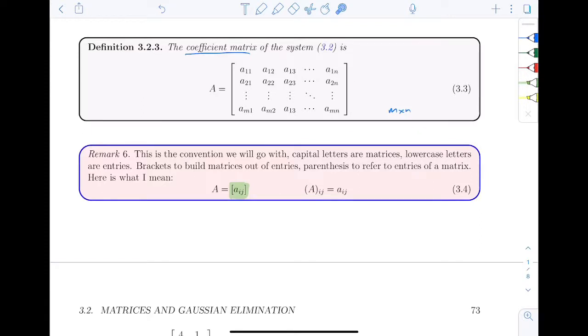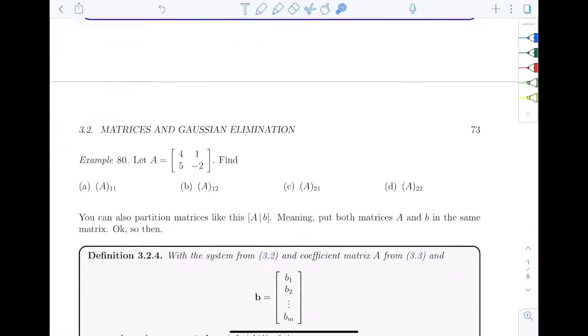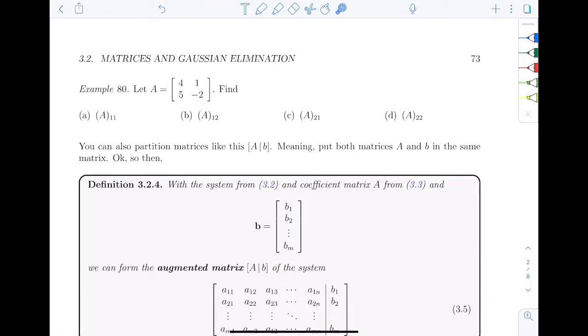To be clear, suppose we have this matrix A: 4, 1, 5, negative 2. What is A 1,1? This is the 1,1 spot, this is the 1,2 spot, this is the 2,1 spot, and this is the 2,2 spot.